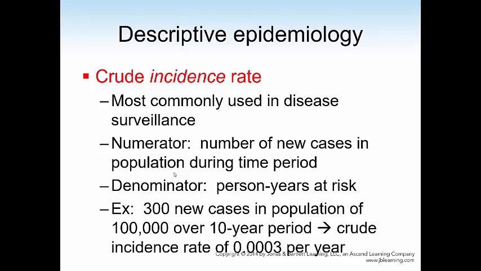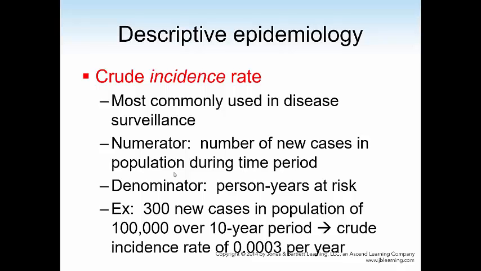So it's a quick calculation. You do the numerator over the denominator, 300 new cases in a population of over 100,000 over a 10-year period. That's going to give you a crude incidence rate of about 0.0003 per year, because you want to make it per year instead of over a 10-year period.